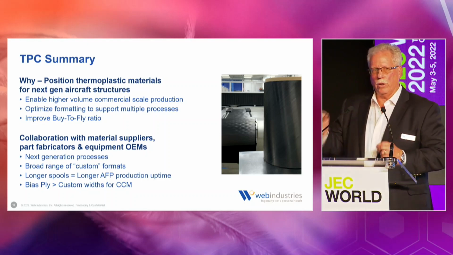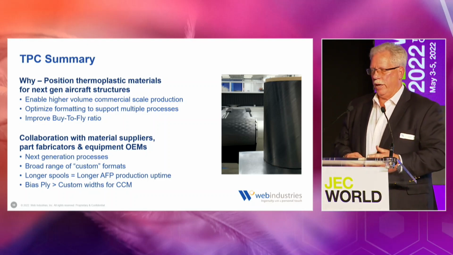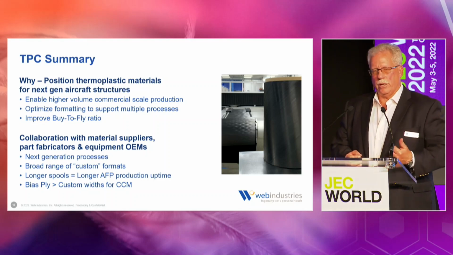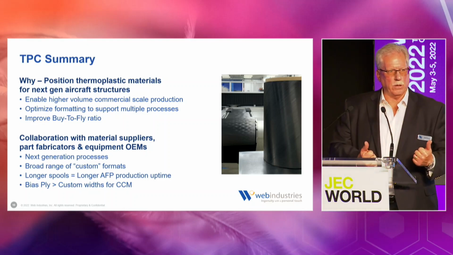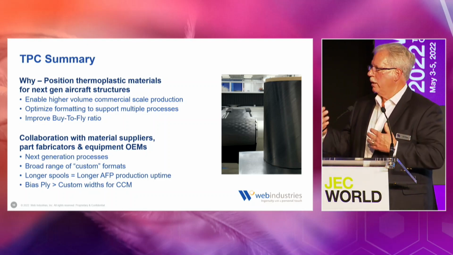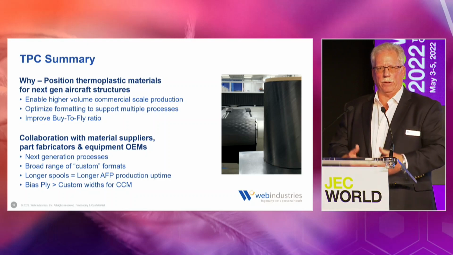So what we're looking to do is totally improve the buy-to-fly ratio through innovation. We do that through the collaboration, as I just mentioned, and next generation processes. We're continually looking to innovate. We have a broad range. What we have now is not necessarily what we're going to have next month or next year.